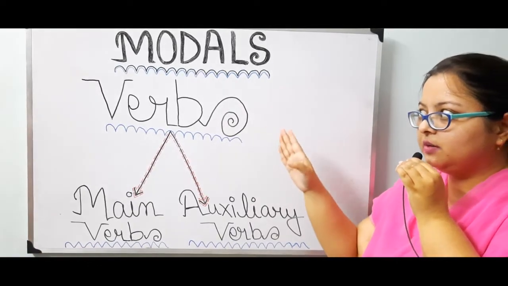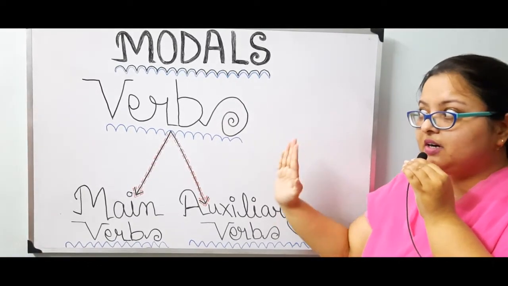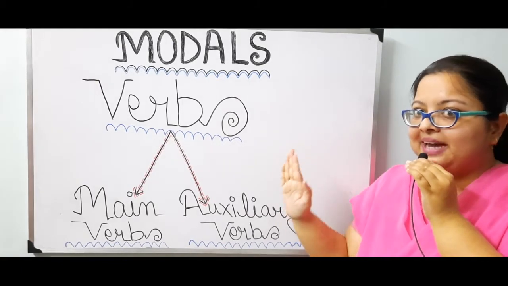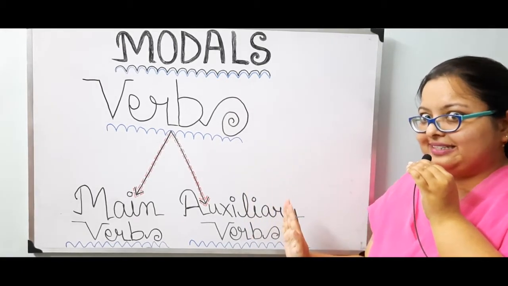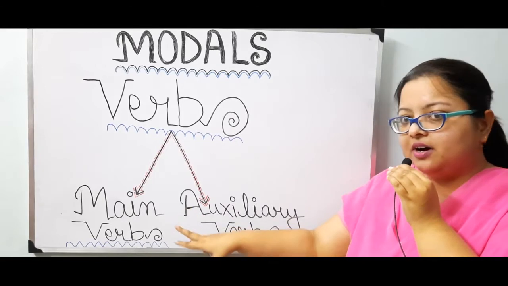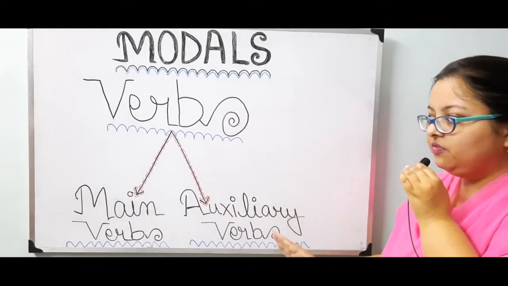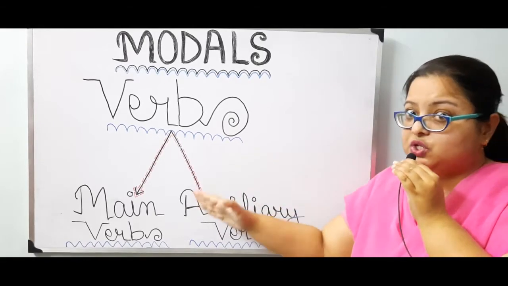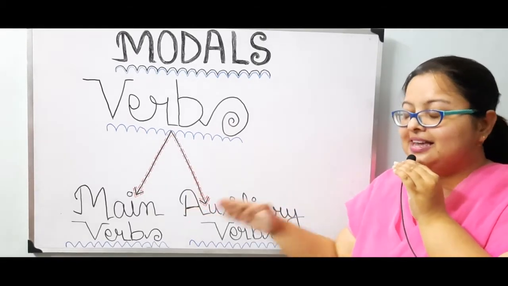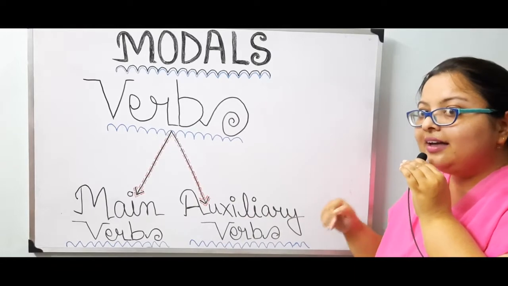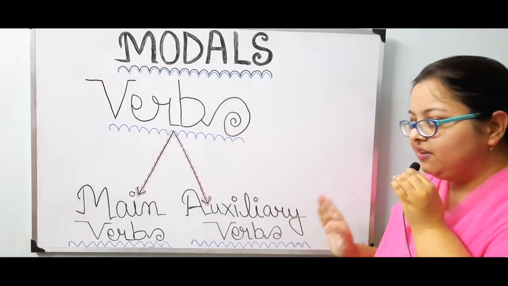See, verbs are divided mainly into two kinds: main verbs and auxiliary verbs.